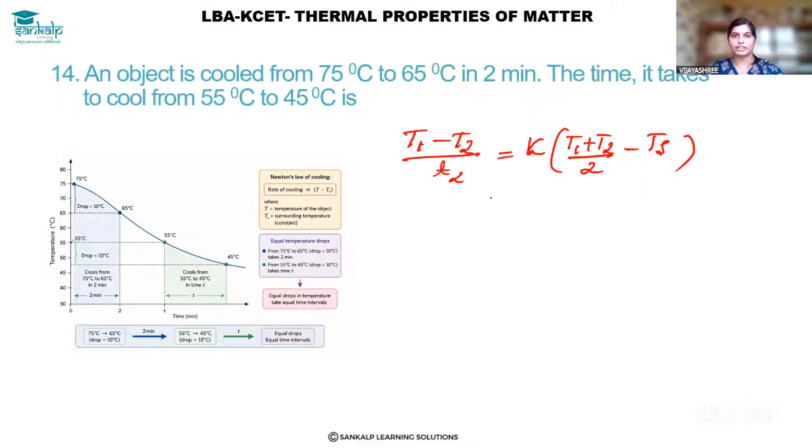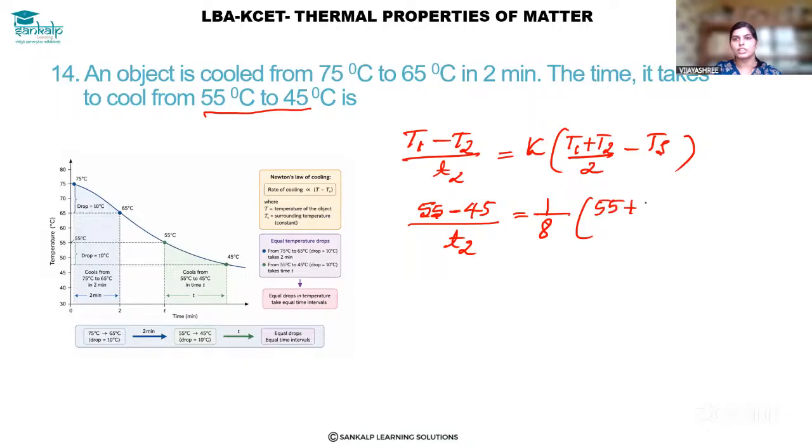This is the formula. Now T1 minus T2, in the second case, T1 is 55 degree Celsius, T2 is 45 degree Celsius, t2 we don't know the time interval, K is 1 by 8, T1 is 55 plus T2 is 45 divided by 2 minus Ts is 30 degree Celsius.